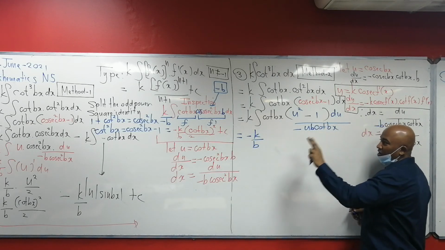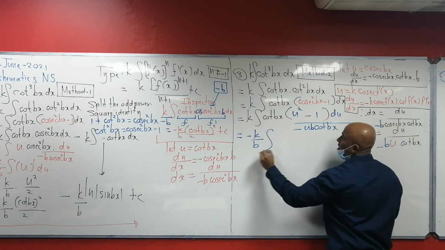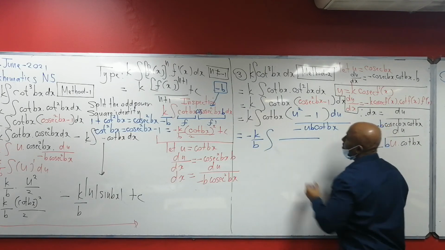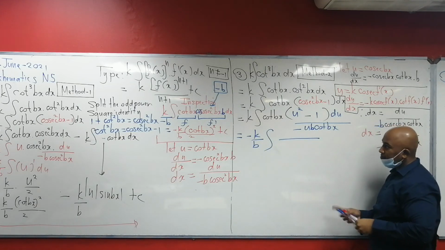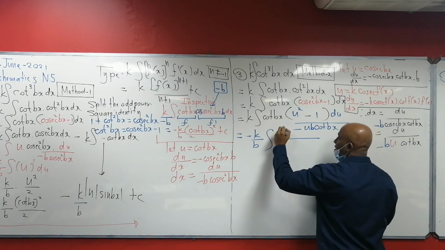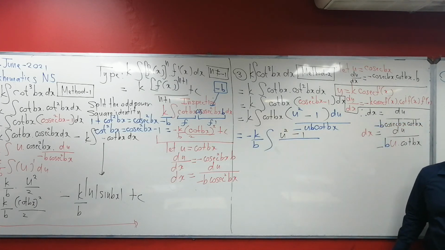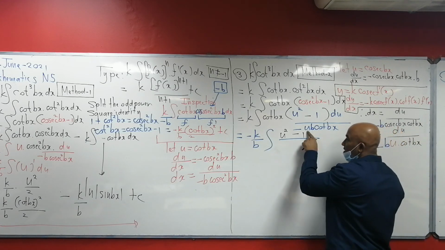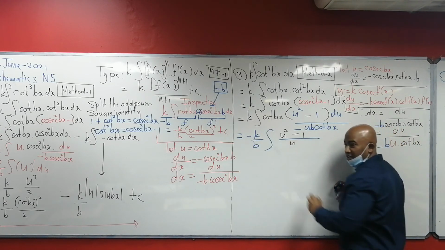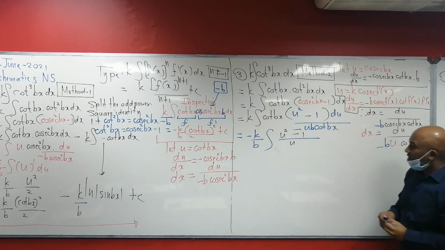Those are the constants and the variables now. On the top, what do I have in the numerator? The numerator has u squared minus 1. But the denominator, what does the denominator have? Don't forget you got the u here. Can you see that? There's the u.